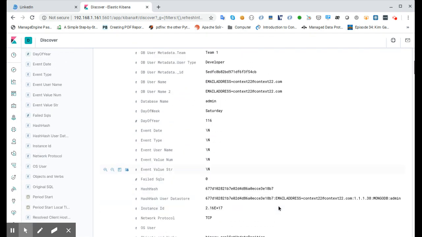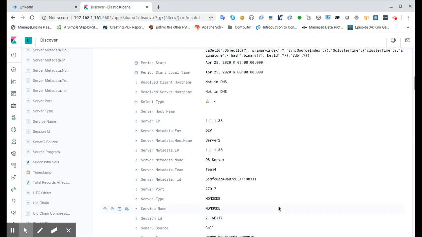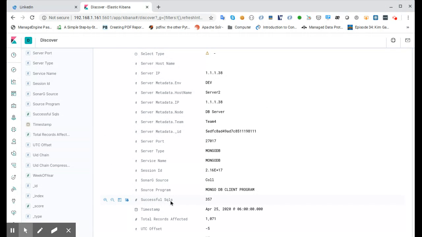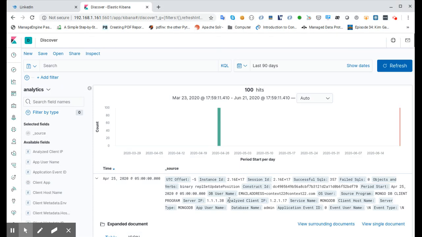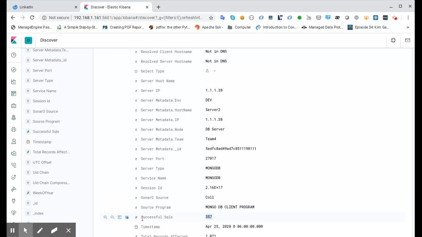And here we can see that the number of successful SQL this record represents is 357, so the 100 hits are not 100 SQL. It's much more. And this depends on how many successful SQL have been recorded by this record for a 1 hour period, right?